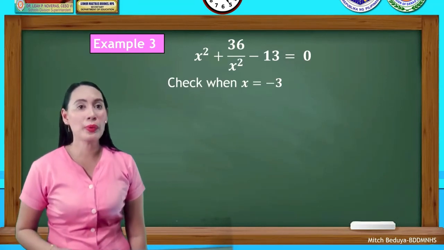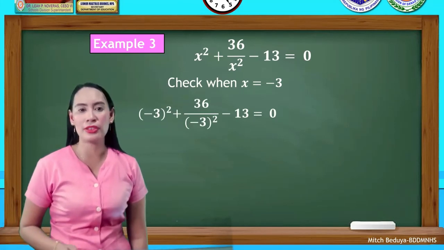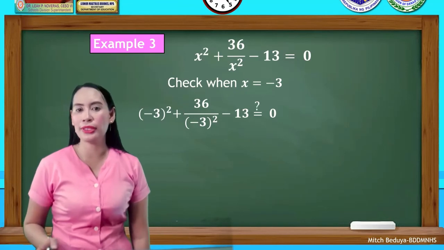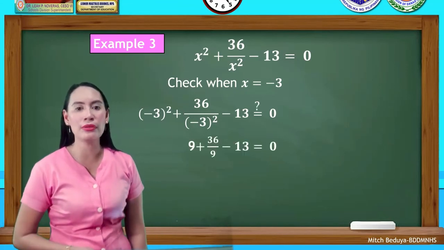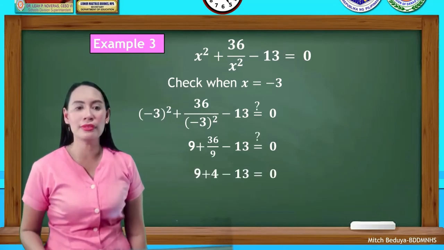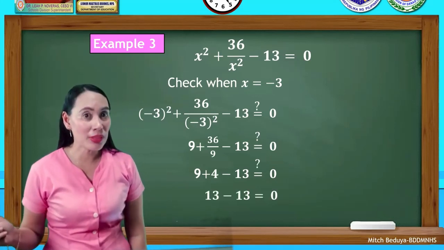Next, check when x is equal to negative 3. Negative 3 squared plus 36 over negative 3 squared minus 13. Is it equal to 0? So 9 plus 36 over 9 minus 13. Is it equal to 0? Next, 9 plus 4 minus 13. Is it equal to 0?